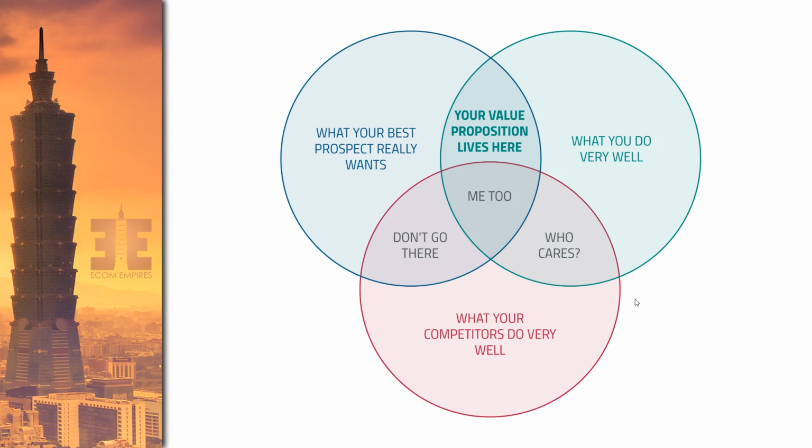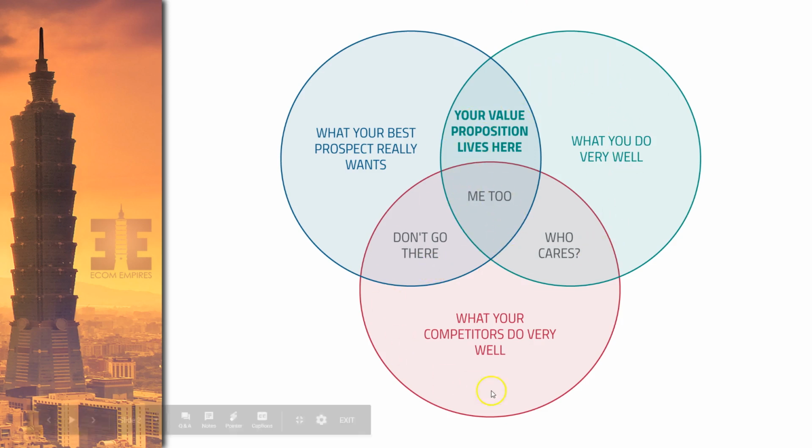So there's you in this circle. This is you in your business, and this is what you are selling. What kind of product, what kind of service, what kind of offer do you have? That's going to be here.